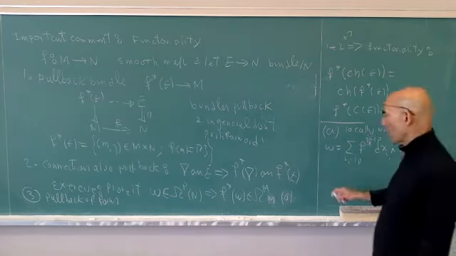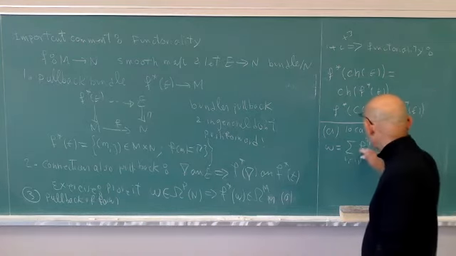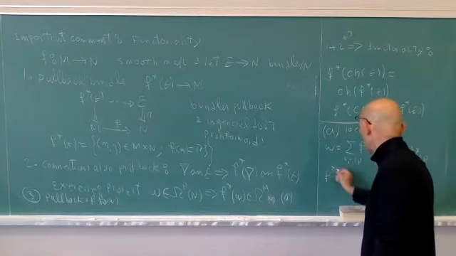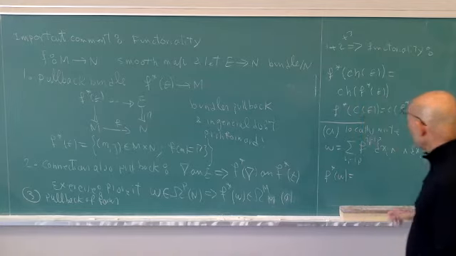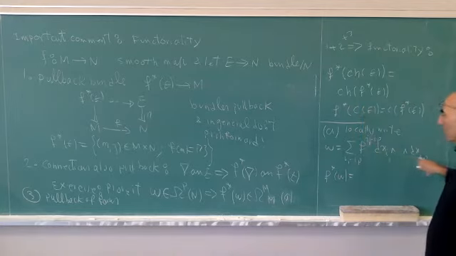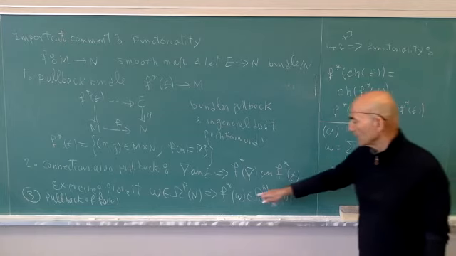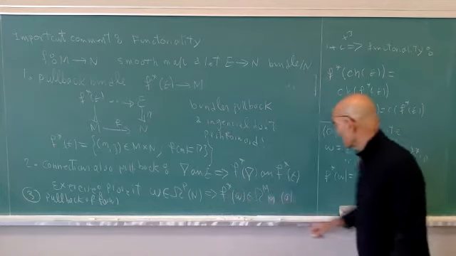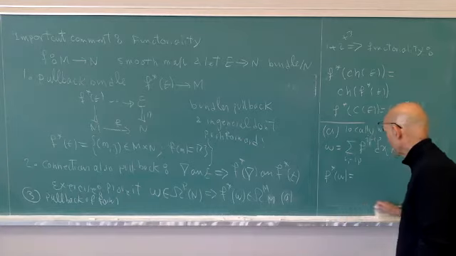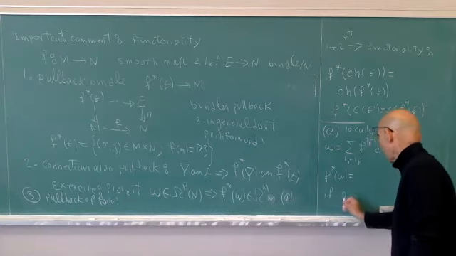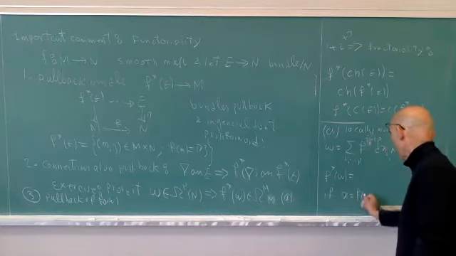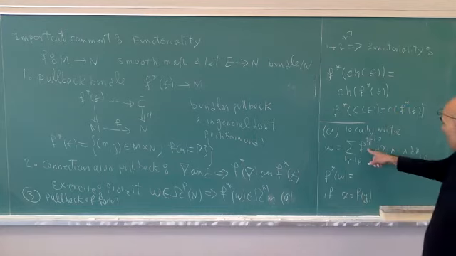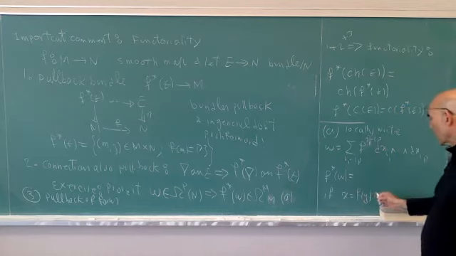And what is f star of omega? Basically, what you do, you just replace these variables by the corresponding variables here. So if x is equal to f of y, you just replace x by f of y.